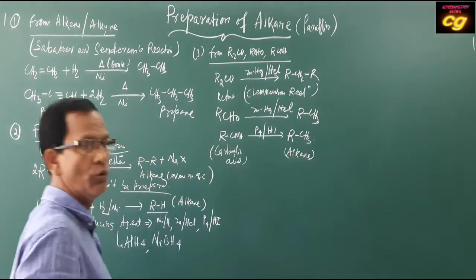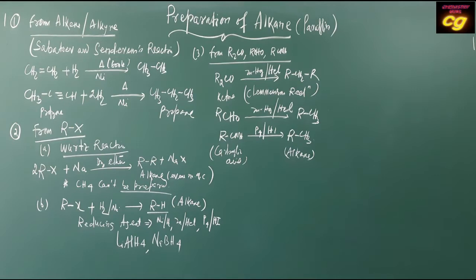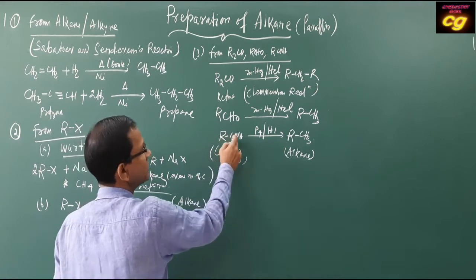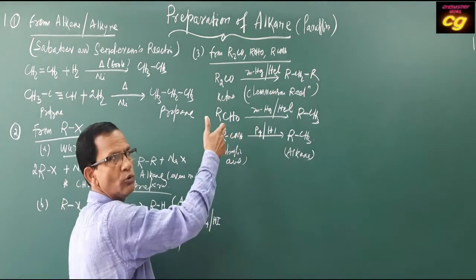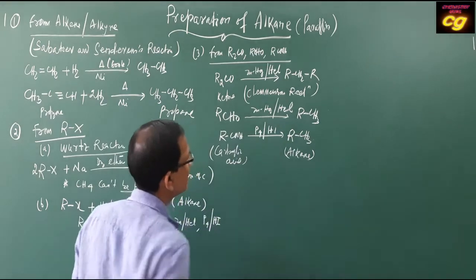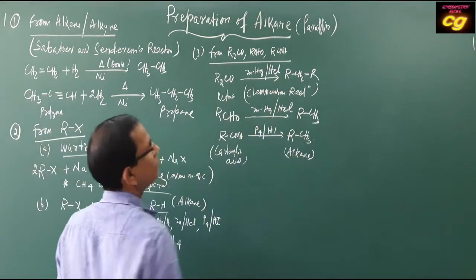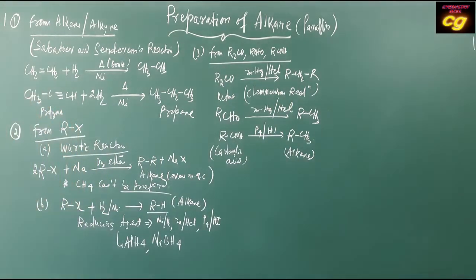So you have to see which type of carboxylic acid you are using and what the alkane product will be. The number of carbons remains the same; R may be 1 carbon, 2 carbon, 3 carbon. So depending on the aldehyde, ketone or acid used, an alkane with the same number of carbon atoms will be formed. This is the very important conversion of aldehyde, ketone and acid to alkane.